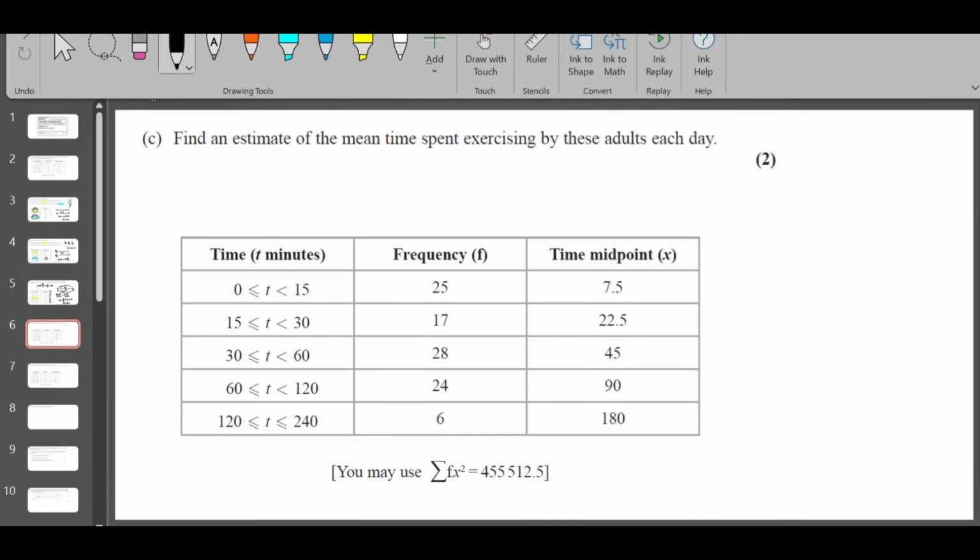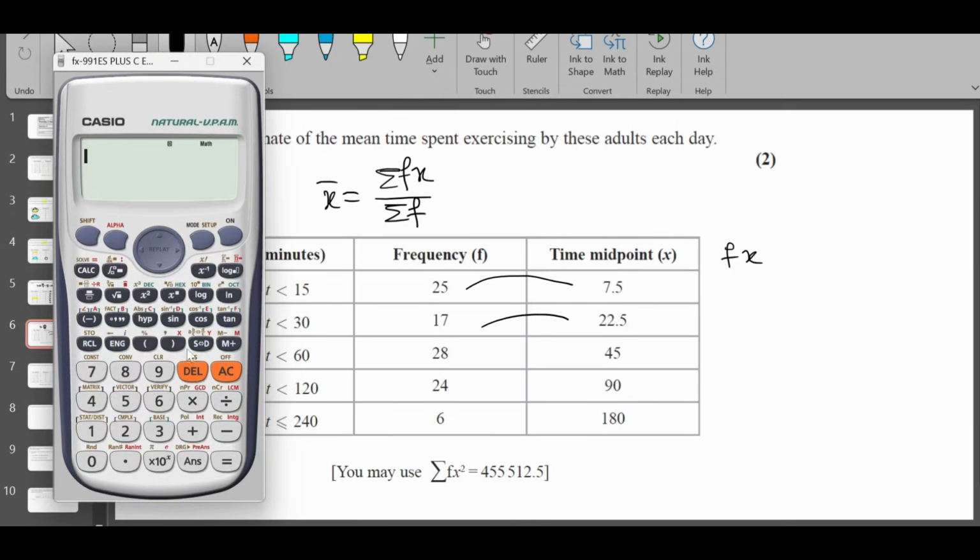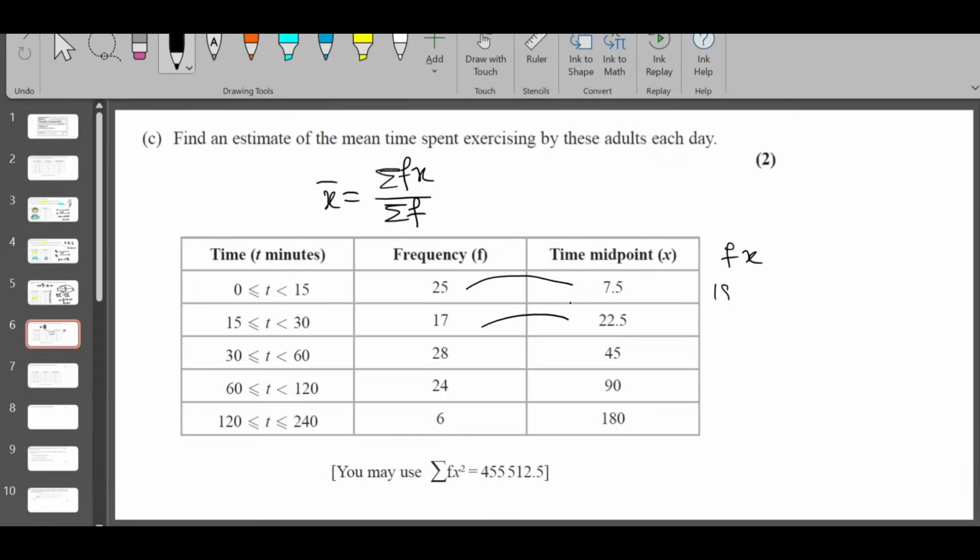Part C now. Find an estimate of the mean time spent exercising by these adults each day. First you need the midpoints, which are given here already. The formula for the mean x bar is sigma fx over sigma f. You can draw another column and find fx first, f times x. We know sigma f is 100 adults.